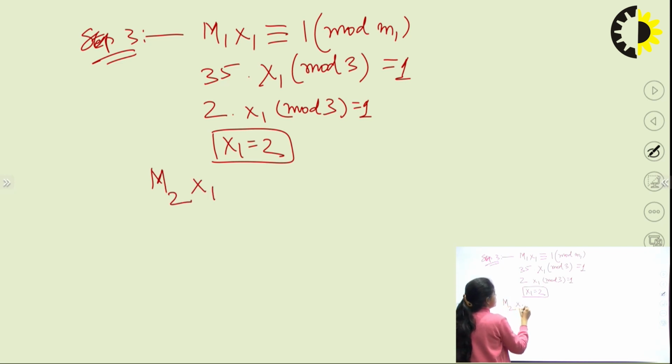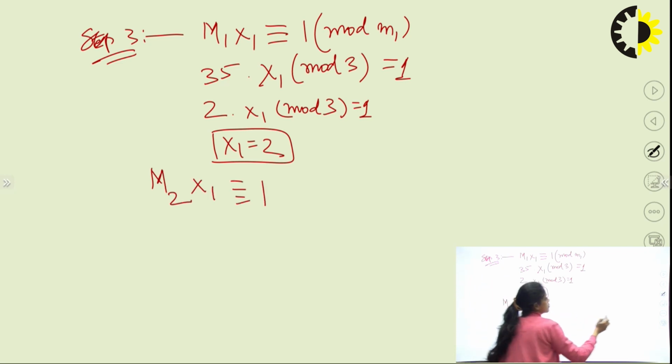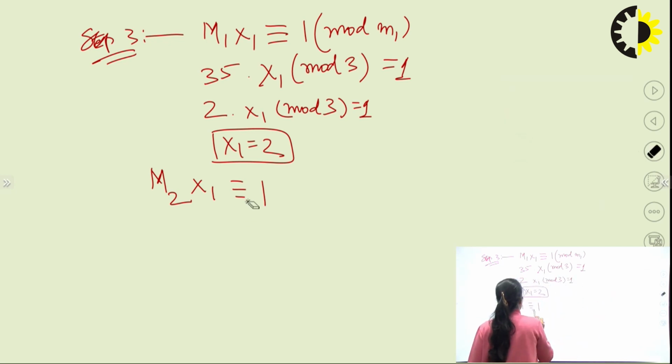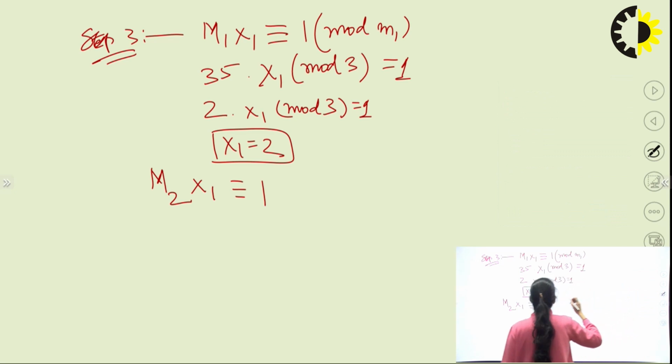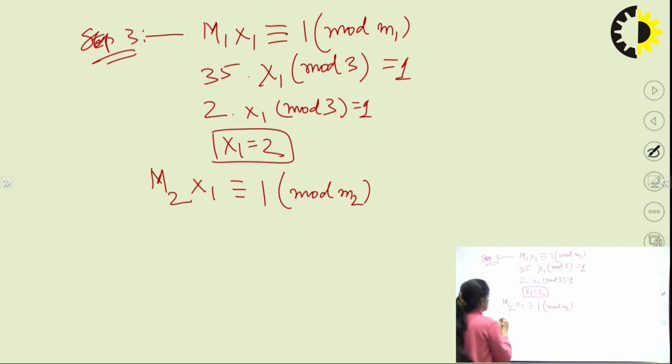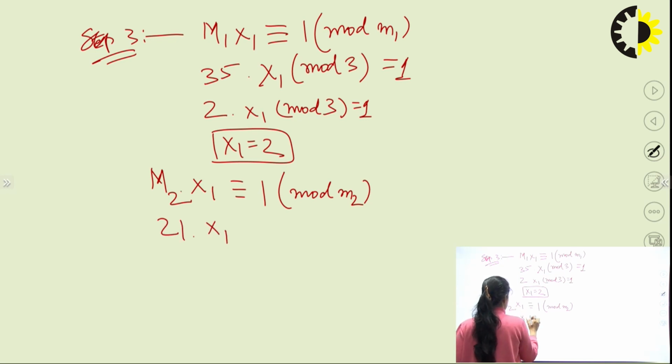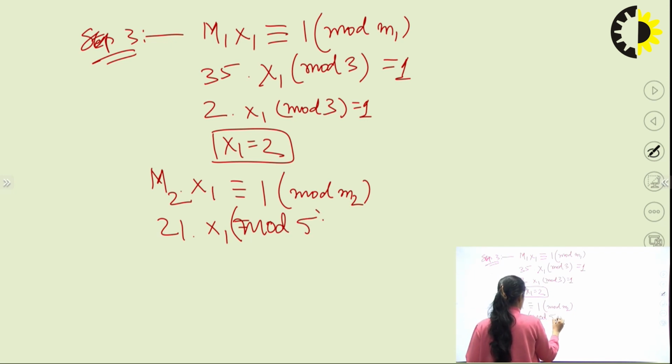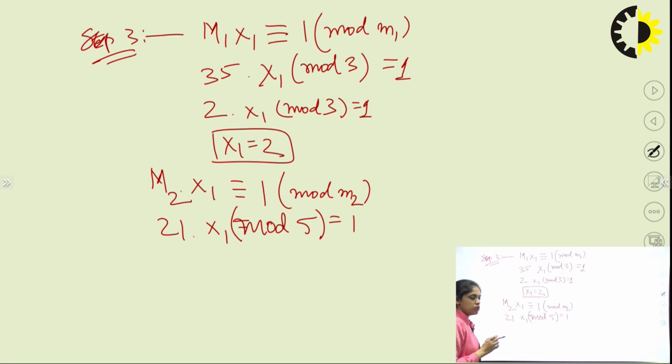Now the next value. Here we have 21 X2 mod m2, that is 5, equals 1.